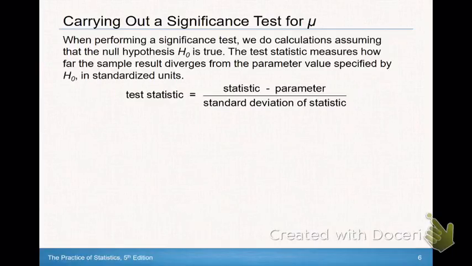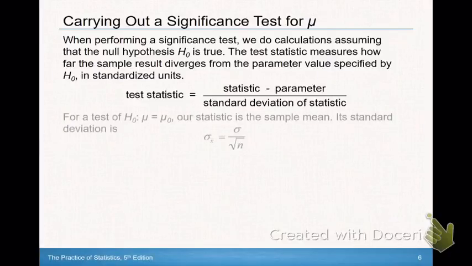Just like in the last section, to perform a significance test, we do calculations assuming that the null hypothesis is true. The test statistic measures how far the sample result diverges from the parameter value specified by H sub 0 in standardized units. So we take our statistic, our sample mean, subtract the parameter, which is mu from our null hypothesis, and we divide by the standard deviation of the statistic.